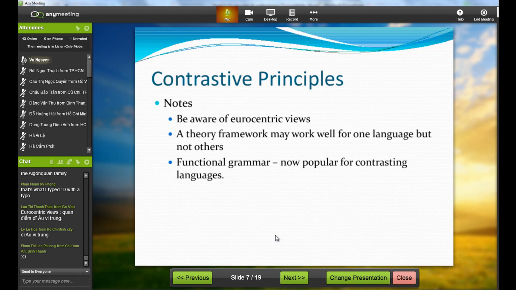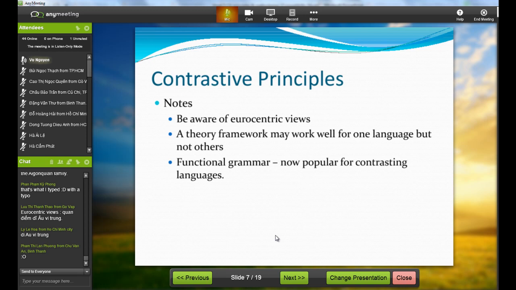Also, as people pay more and more attention to meaning and to language functions in recent decades, functional grammar has become more and more popular in contrasting language forms.